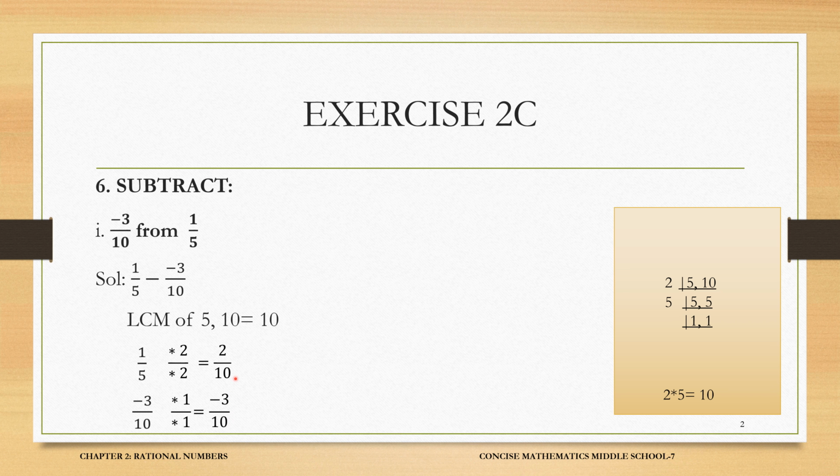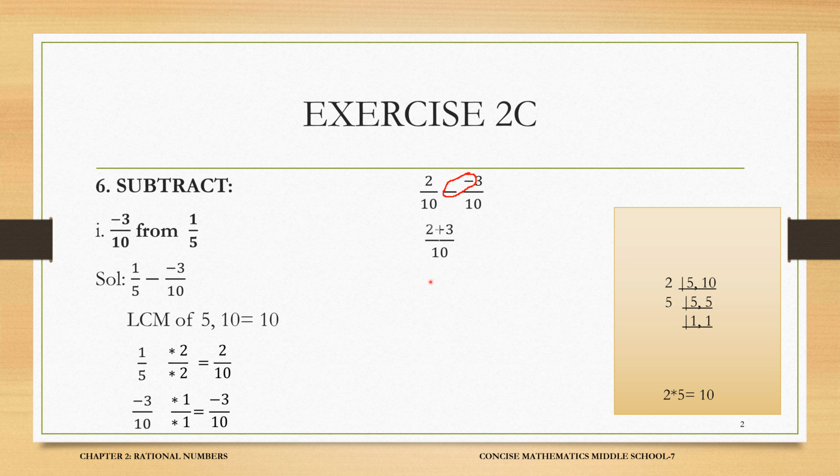So look here, the denominators are now the same, that is 10, right? So now just replace this 1 by 5 with 2 by 10 and minus 3 by 10 with minus 3 by 10. Now here you have to multiply this minus into minus. Minus into minus will become plus.